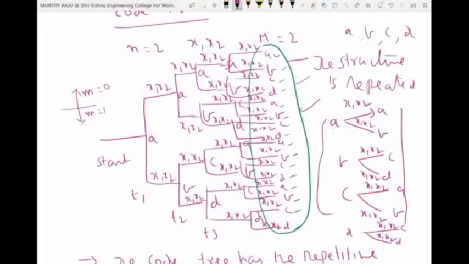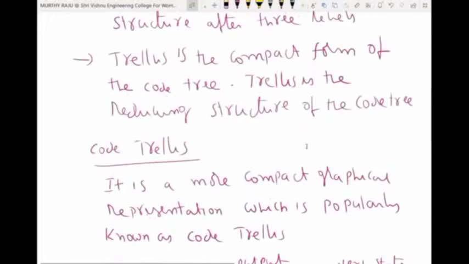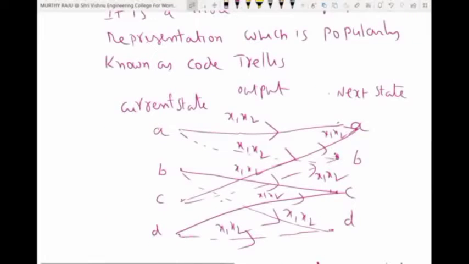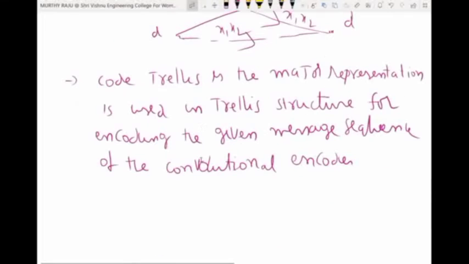With the help of this repetitive structure, we have to construct the code Trellis. This is the diagram. The code Trellis also plays an important role in constructing the Trellis structure.